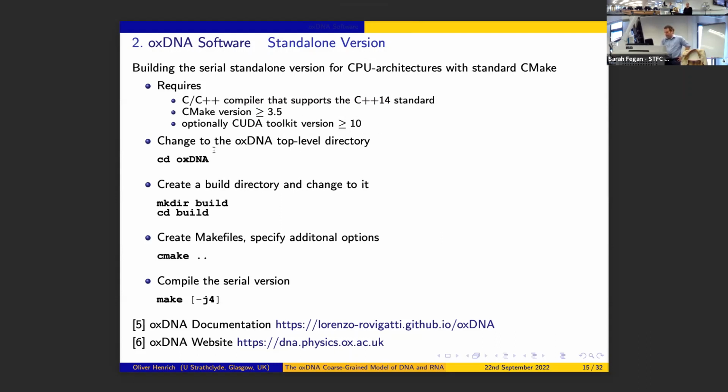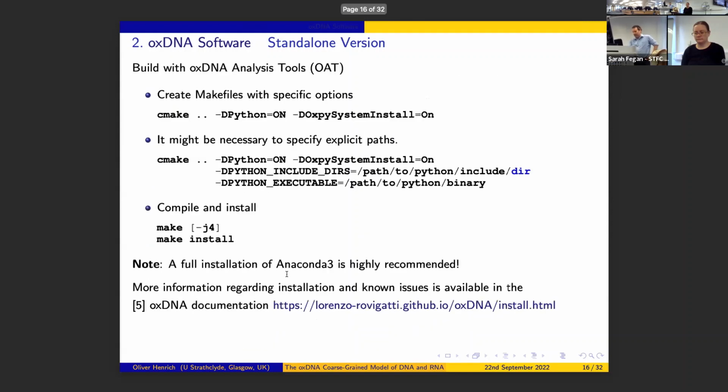Then you change into the oxDNA top-level directory, create a build directory, and then use CMake to create your makefiles and then compile it. That normally works as well. I haven't tried the CUDA, but provided you've got these compilers and CMake, it should work out of the box. If you want the oxDNA analysis tools, then bring some time.